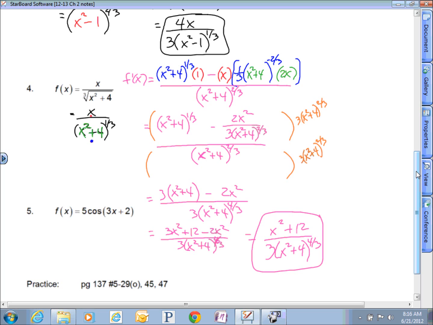So you have a chain rule inside of a quotient rule. We did quotient rule first. When it came time to do the derivative of the bottom, we did the chain rule. That's where the green came from. And then we had nasty algebra to clean up after that. So this will not be the last time you run into this sort of thing. So take note.